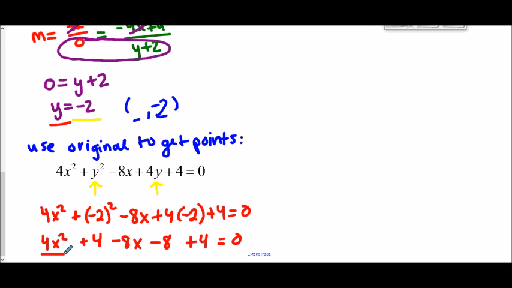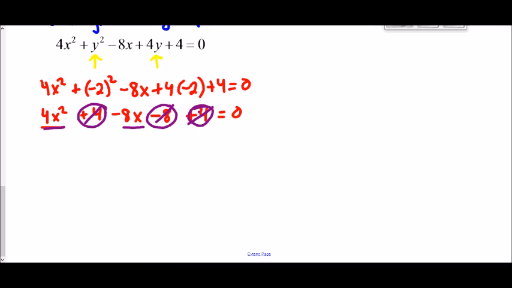Well, these two terms have x's, so they're going to stay where they are. But these are all numbers. Plus 4 minus 8 plus 4. Well, that's 8 minus 8. All those are gone. So what we have is 4x squared minus 8x equals 0.